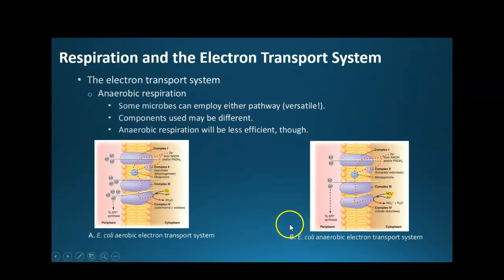It can accomplish both aerobic respiration and also anaerobic respiration. I just put this in here so you can see how that process plays out. You don't have to memorize the different complexes and all that kind of stuff. That's not what we're going to get into here. But once again, these organisms that are facultative anaerobes go slower under anaerobic respiration because you just don't make as much energy.